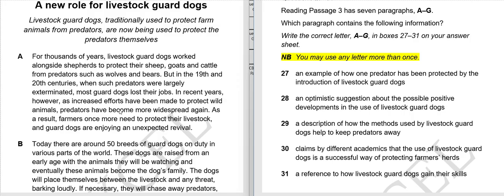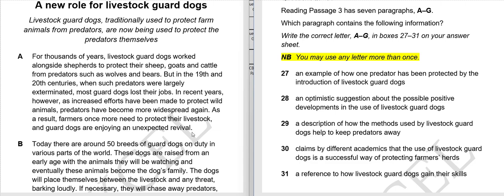But because of recent efforts to protect wildlife, the number of predators has increased, so the job has been restored. As a result, farmers once more need to protect their livestock, and guard dogs are enjoying an unexpected revival.